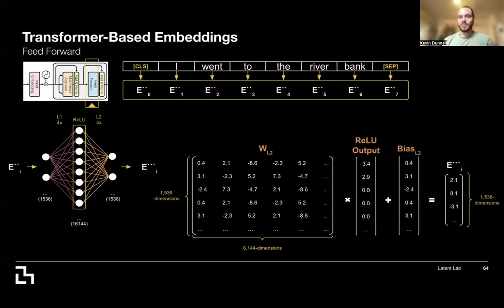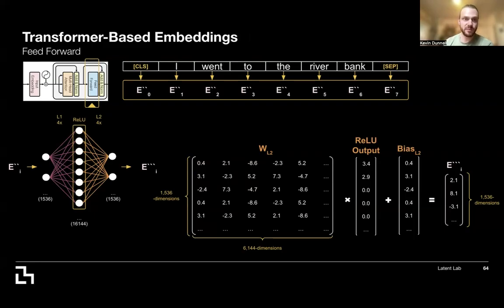Then the second layer projects it back to the original dimensionality, so the 1536. This design allows the model to capture complex patterns and interactions within the data. There's interpretability research ongoing that suggests this is where facts are actually stored within these models. So things like Van Gogh is a painter could live in these feed-forward neural networks, multi-layer perceptrons.